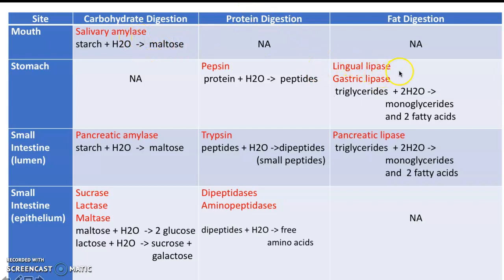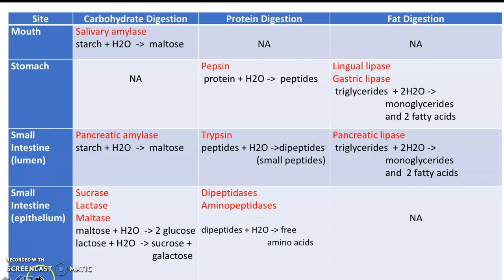So we have lipase, dipeptidase, sucrase, lactase. That kind of clues you in that you're talking about an enzyme. Okay, so again, we've got the enzyme, and then we've got the reactions that are being catalyzed by each of these enzymes in each of these places.